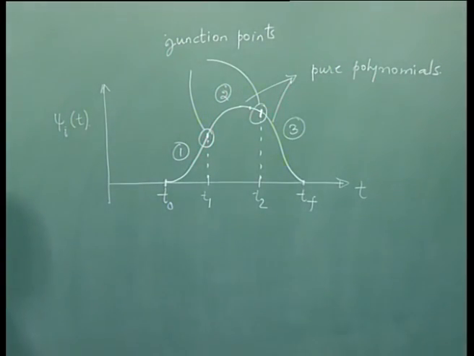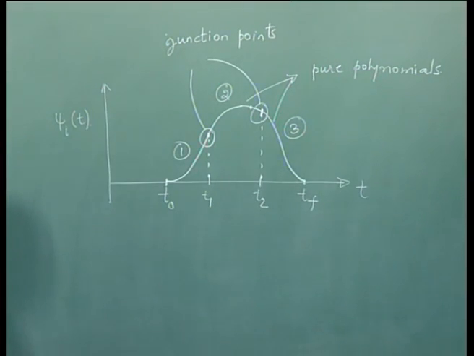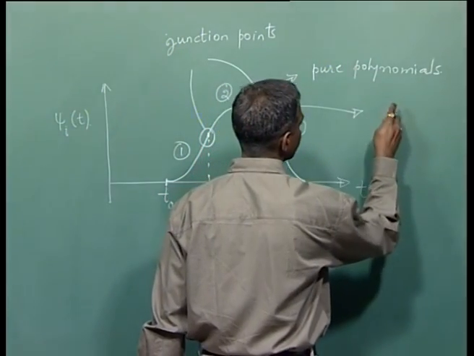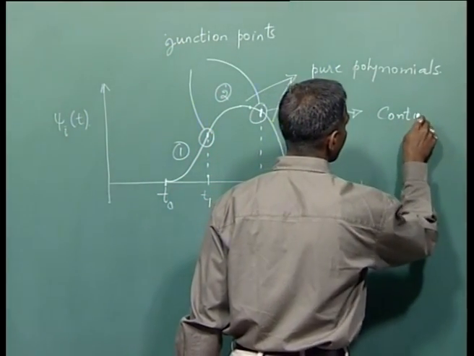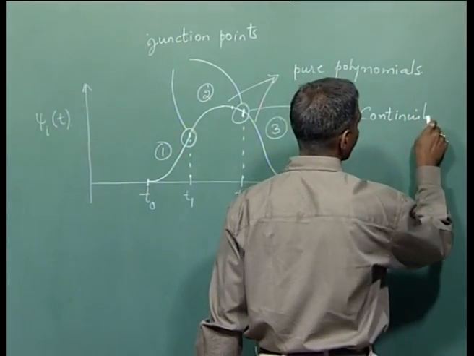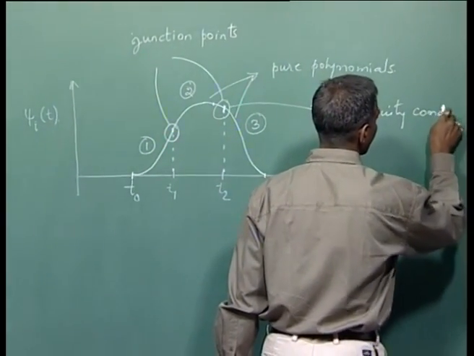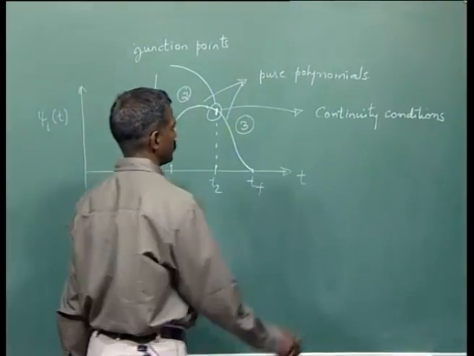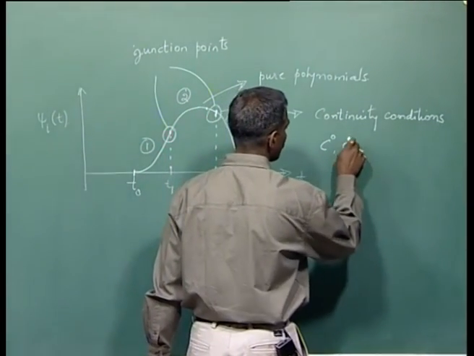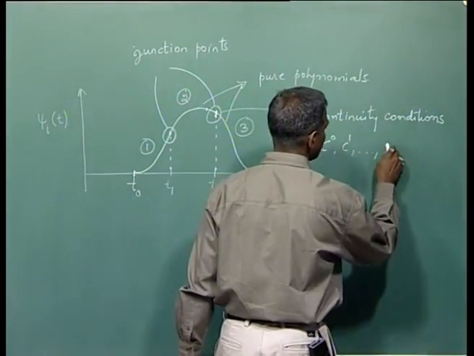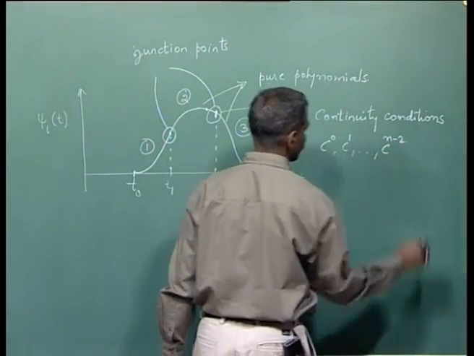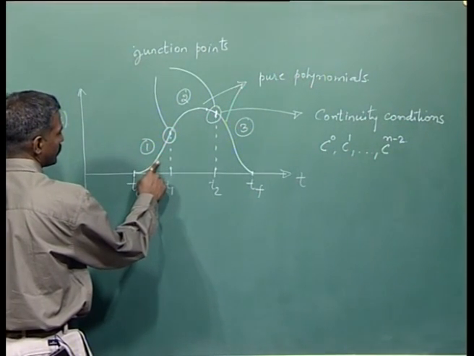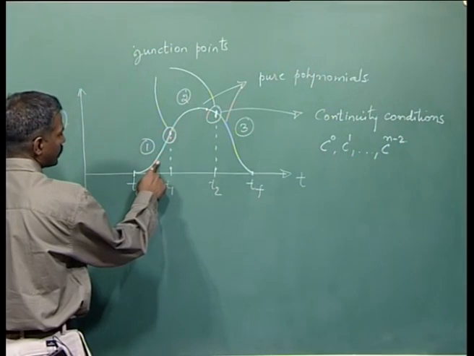And like we had discussed in case of Ferguson-Bezier curves, we will have to impose continuity conditions C0, C1, up till C^(n-2), in case this bell-shaped curve is an nth order spline.